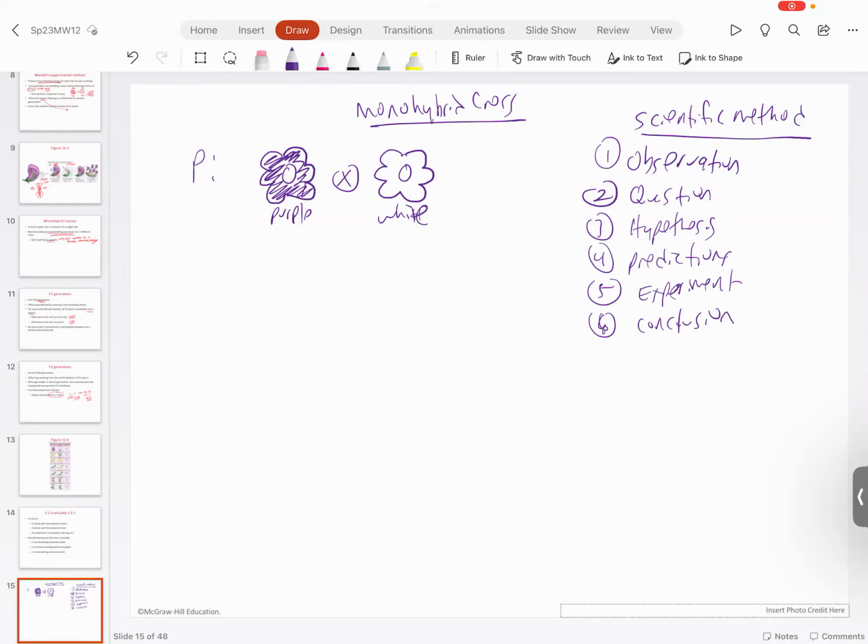So let's go ahead and take a look at his first step. He first sets up the parental generation, which is crossing a purple true breeder with a white true breeder. And then what does he see in the second generation, his first filial generation? He sees all purple. Okay, here's the problem. Let's make an observation. What's our observation?